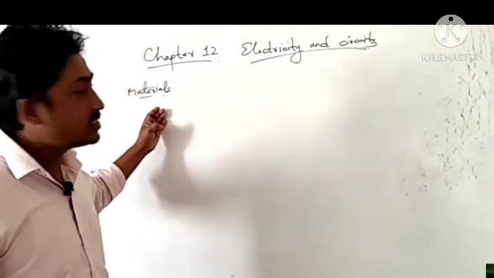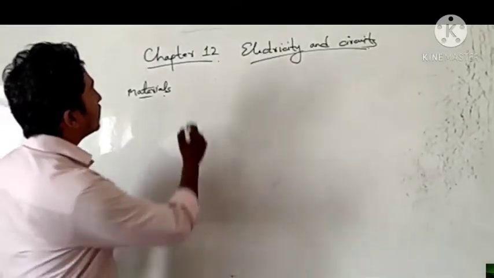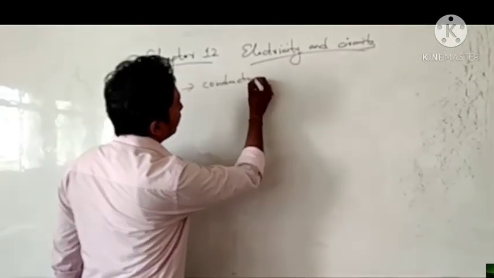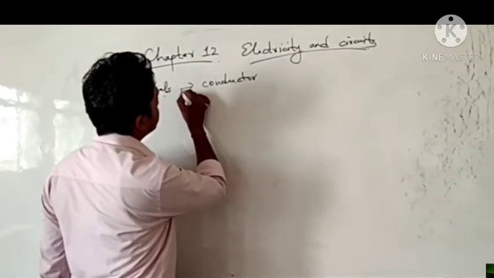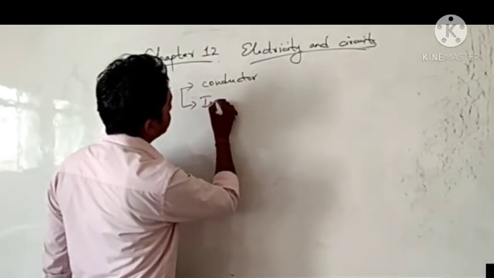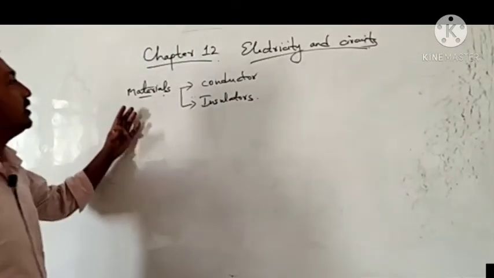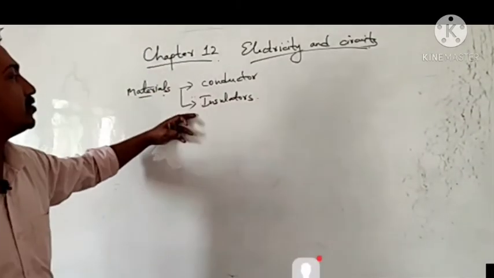Then materials can be conductors and insulators. So why are we taking material as conductor and insulator?